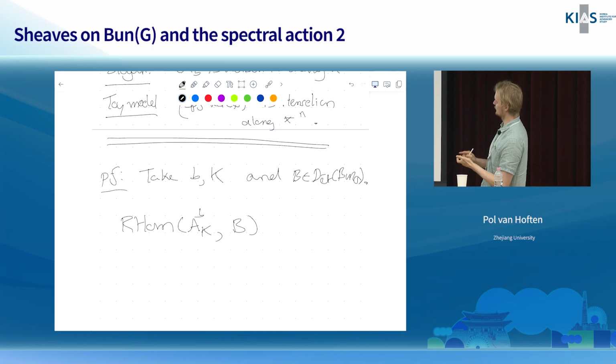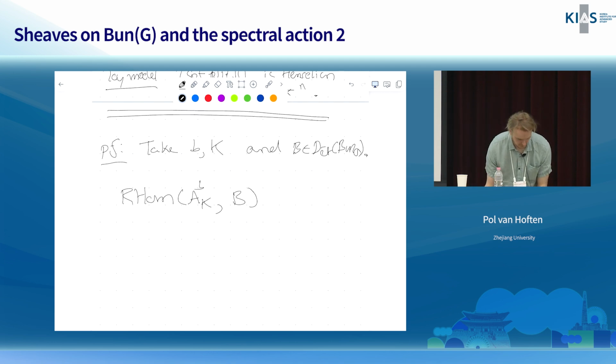And then I want this to commute with filtered colimits in B. That's what it says, that these A_{B,K} are compactly generated. So it's nice that we can compute this. Okay, and then we do some formal manipulations that I'll give you now. So first I use adjunction, because A_{B,K} is some kind of push-pull, so I can take one of them to the other side.